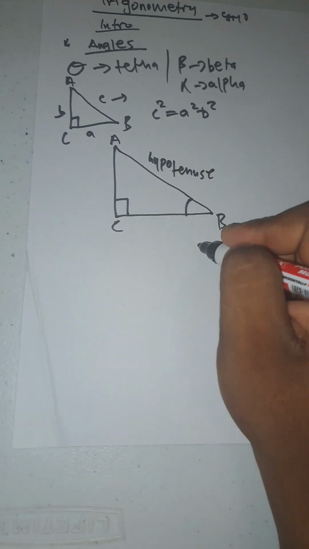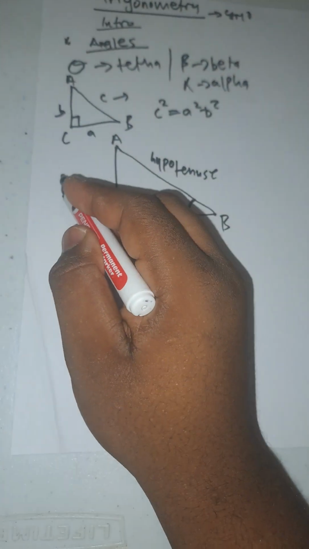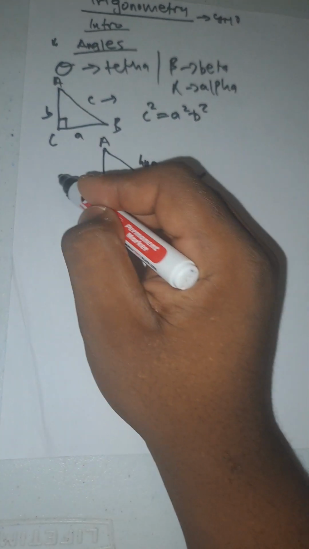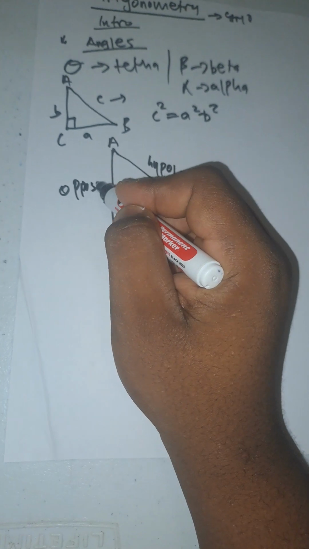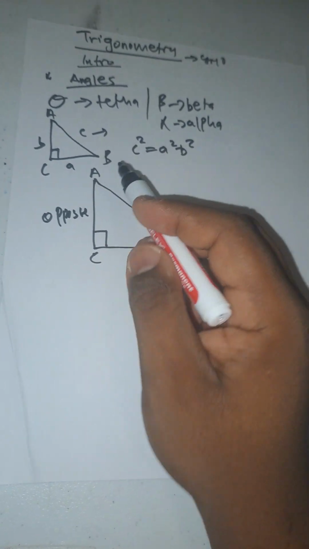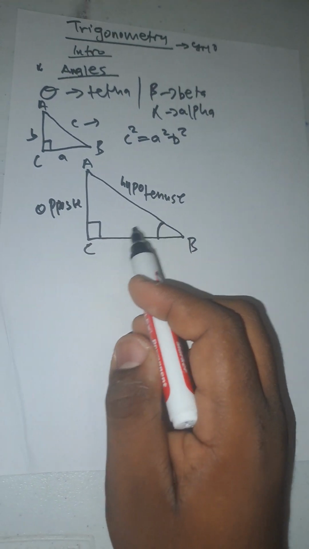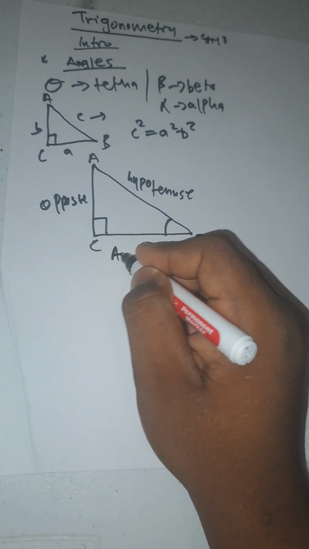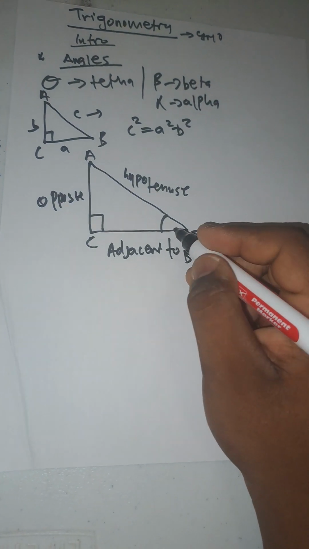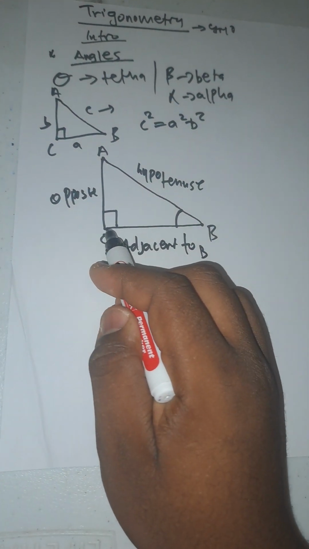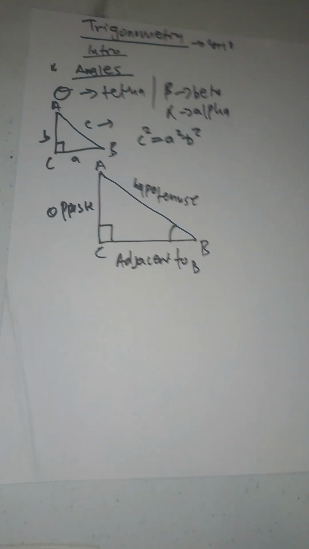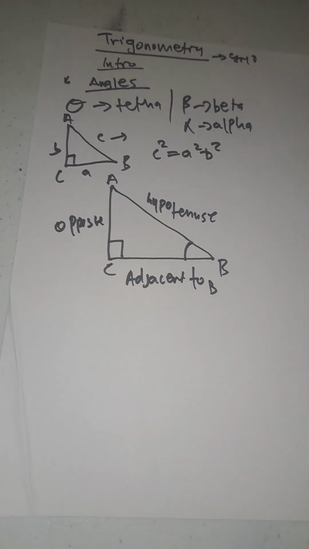Now this side AB is opposite to B, so we call it the opposite, because it is opposite to B. And this one is adjacent to B. So basically this side is the adjacent, this one is the opposite, and that one is the hypotenuse. That's how you can understand it.